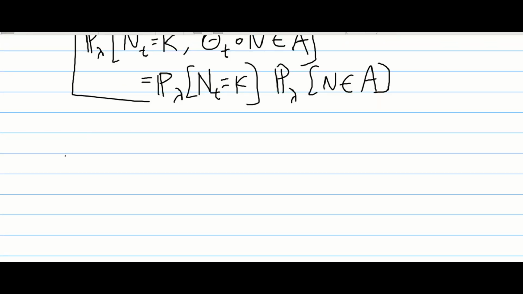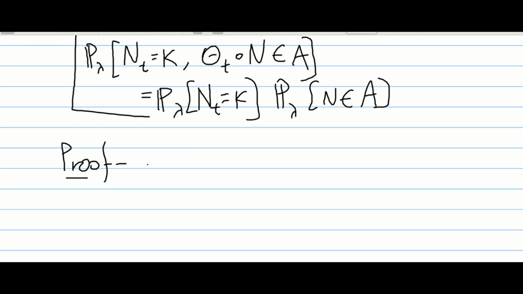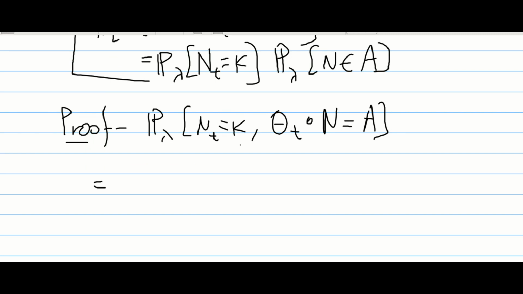So how do we prove this? We first need to write the event N_t equals k in a more appropriate fashion. We are going to rewrite this first part as follows. First, the kth arrival of the process, T_k, has to be smaller than or equal to t.